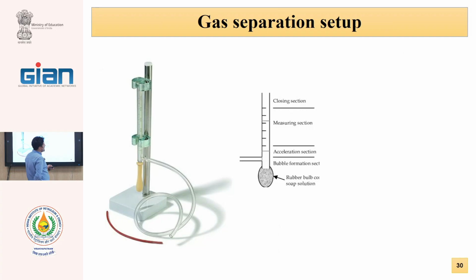In the bubble flowmeter, this tube is connected to the permeate of the membrane, and we have a soap solution here. We press one of the soap bubbles, it comes here, and the gas carries the bubble. When it reaches here, that is number 0.